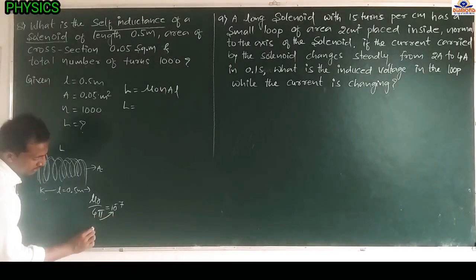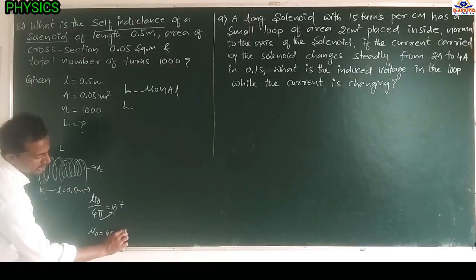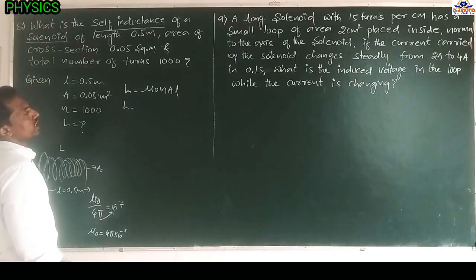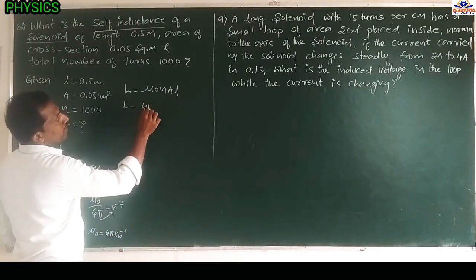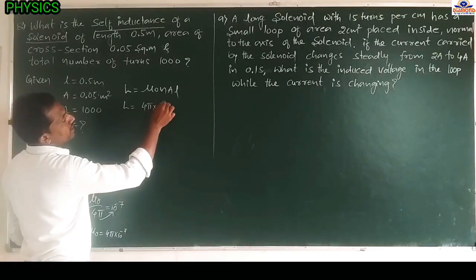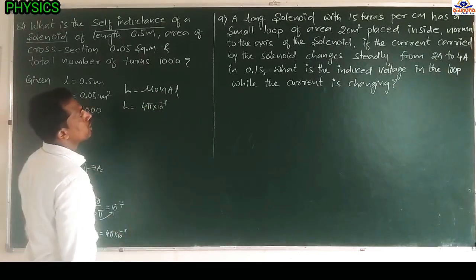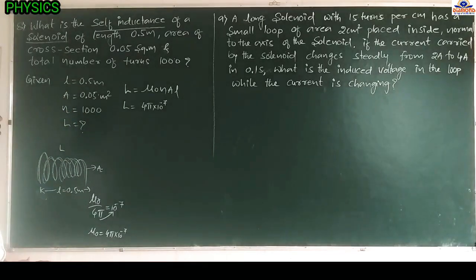Sending the 4 pi to this side, mu naught equals to 4 pi into 10 to the power of minus 7. Then substitute this value, we are writing 4 pi 10 to the power of minus 7 n. How many number of turns per unit length?